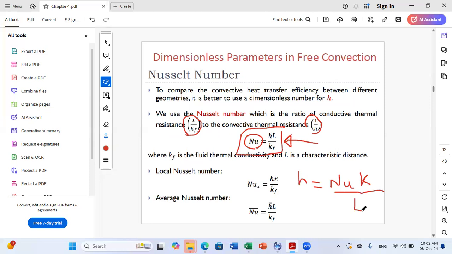So this is the importance of dimensionless numbers, because they will give us general equations, general empirical relations that can be used to determine our convective coefficient. Now, what is the difference between the local Nusselt number and the average Nusselt number?